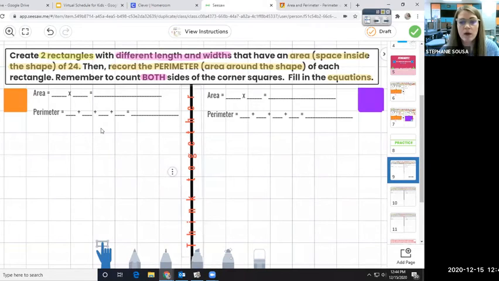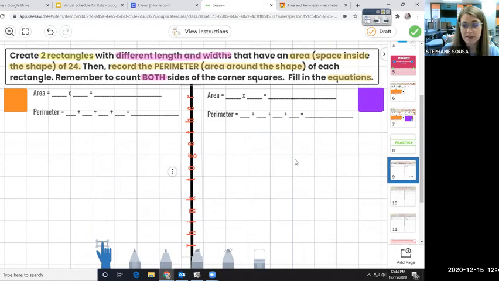So you want to think right now, what numbers multiply to equal 24? Think about that now. Then you're going to record the perimeter by adding up both lengths and both widths. Okay? You're going to fill in those equations.